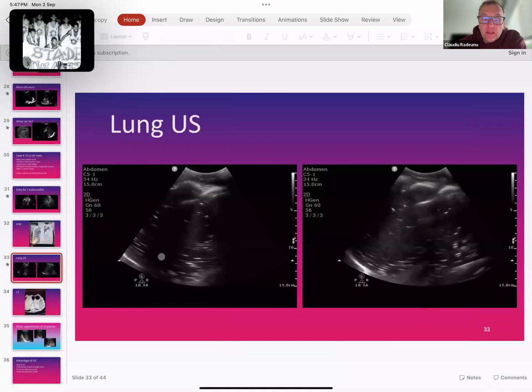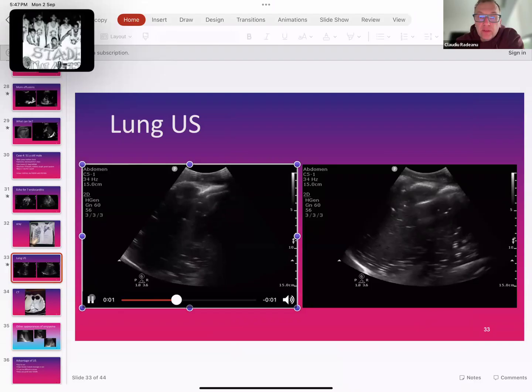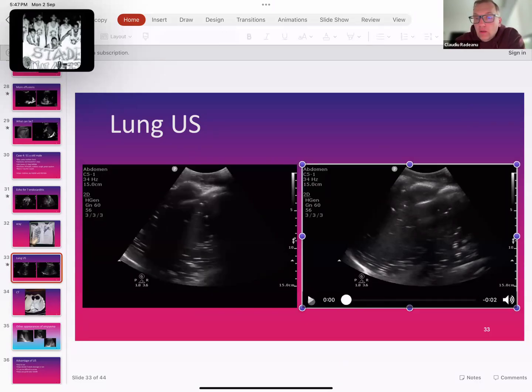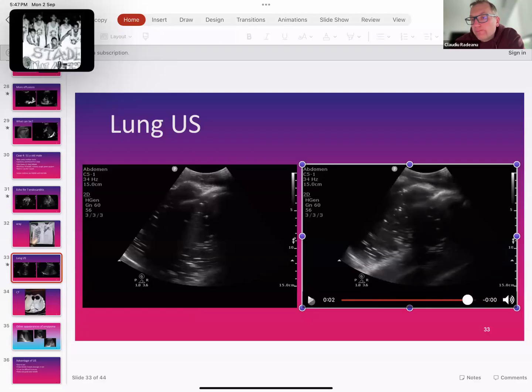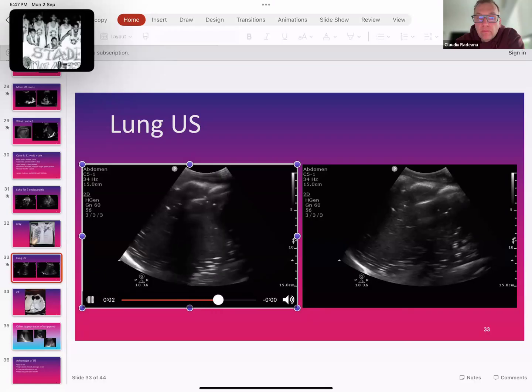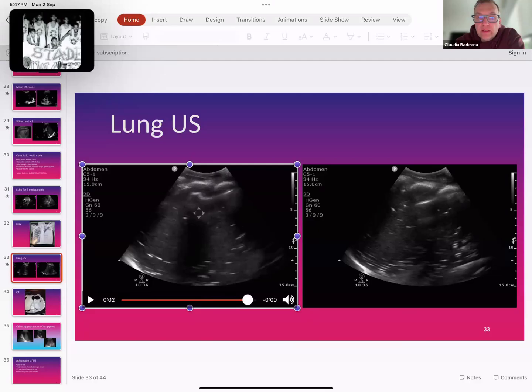When I had a look at the lung, again, this is the left base, it looked like this. This is a curvilinear probe.